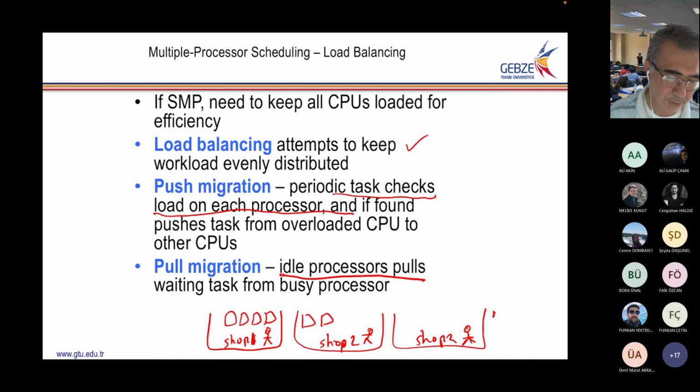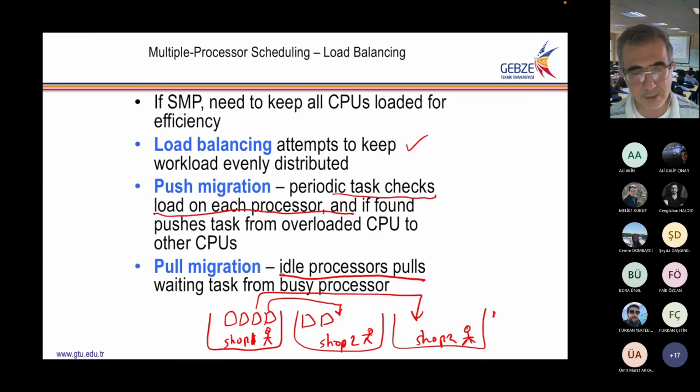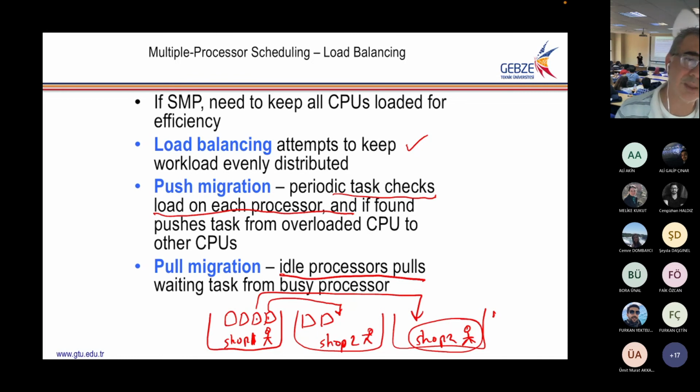If you have a lot of things here, you move these tasks to other processors, other nodes, I would say, so that these two tasks can finish faster. Overall throughput becomes better. That is what migration of tasks between processor farms is.